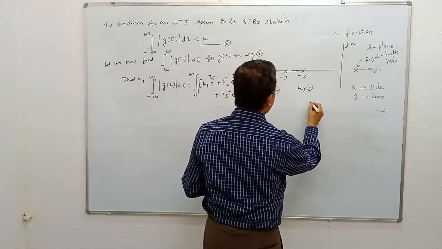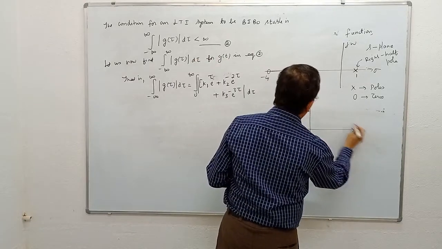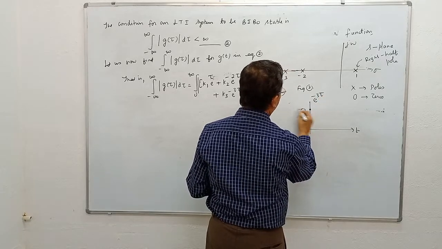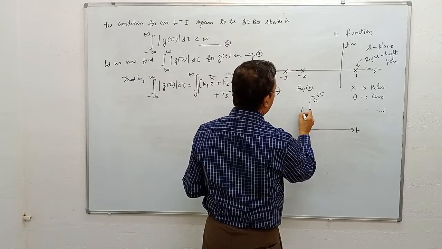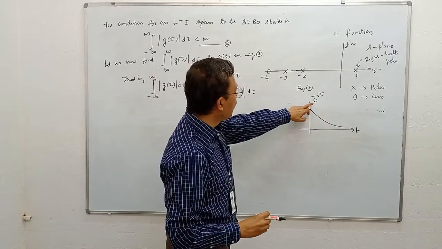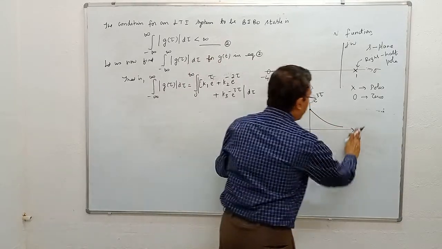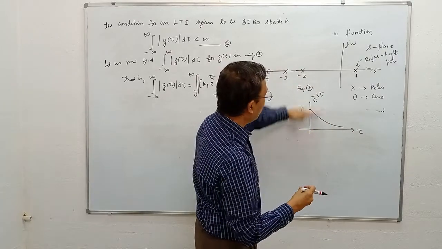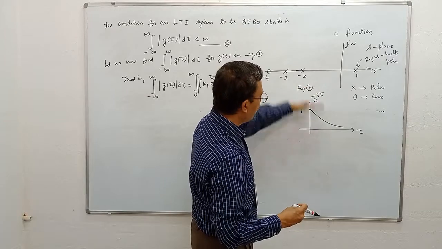Let me sketch e^(-3 tau). When tau is equal to 0, it is 1. As tau tends to infinity, it becomes 0. That means the plot of e^(-3 tau) with respect to tau is always above the tau axis, meaning it is always positive.